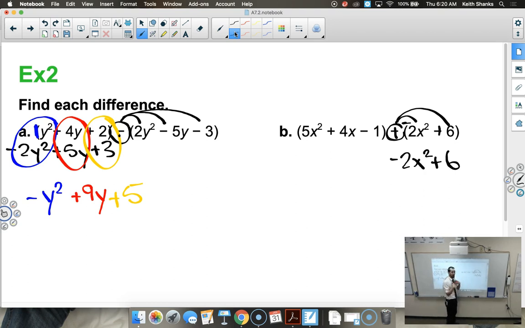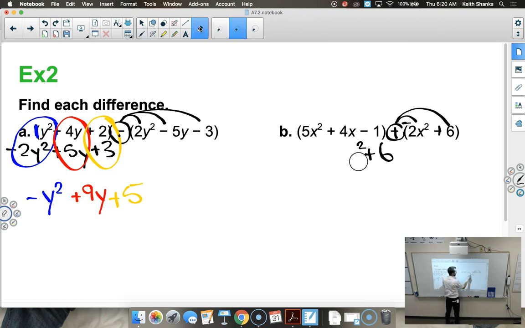Now, when I'm doing this one the vertical way, I want to show you. If I slid this over, it doesn't quite match up. Notice there's 5x squared and 2x squared. There's 4x, but there's no x term down here. So when you see something like this, in the vertical version, you're just going to break this up, and there's basically a blank here. It's a 0.